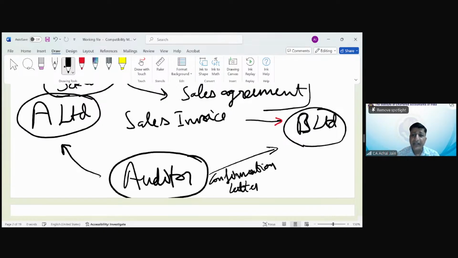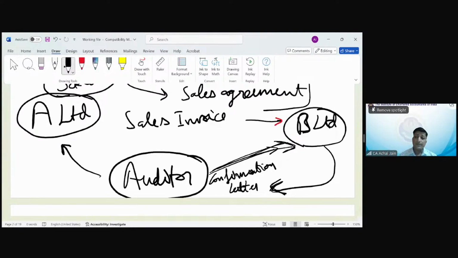Independently means this letter will be sent by the auditor from the office of the auditor directly to B Limited, and will request B Limited to respond to the auditor directly. B Limited should not confirm to A, or pass it on to A saying please give it to the auditor. No. It has to be a direct communication between the auditor and the third party. So that's the process.